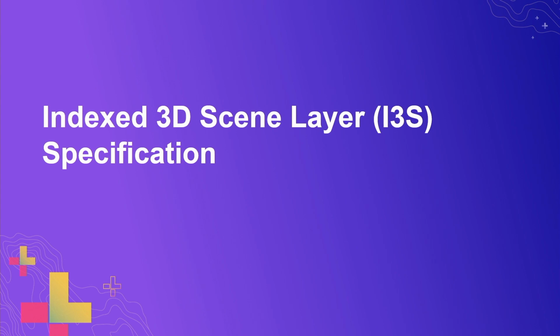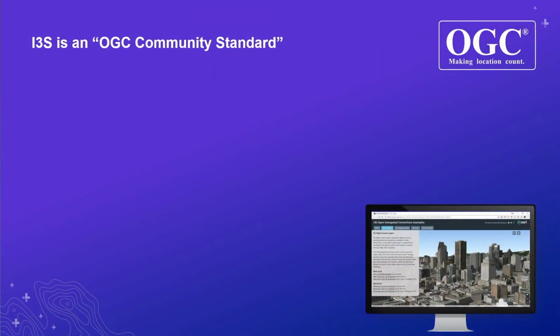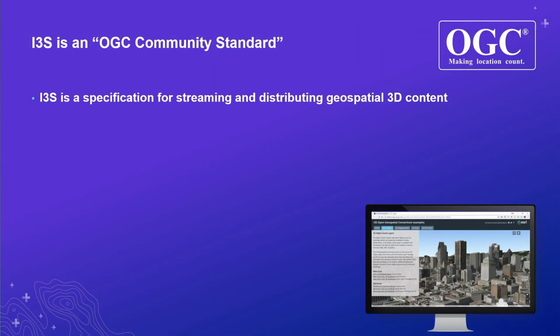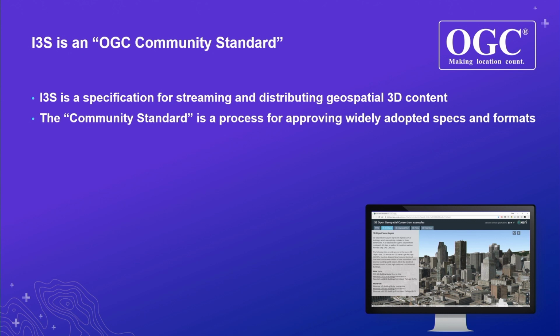Esri stands for Index 3D Scene Layer and is the data source for scene layers. We frequently make updates to the specification, which contains the implementation details. Esri is a specification for streaming and distributing geospatial 3D content. The community standard is a process for approving widely adopted specs and formats.